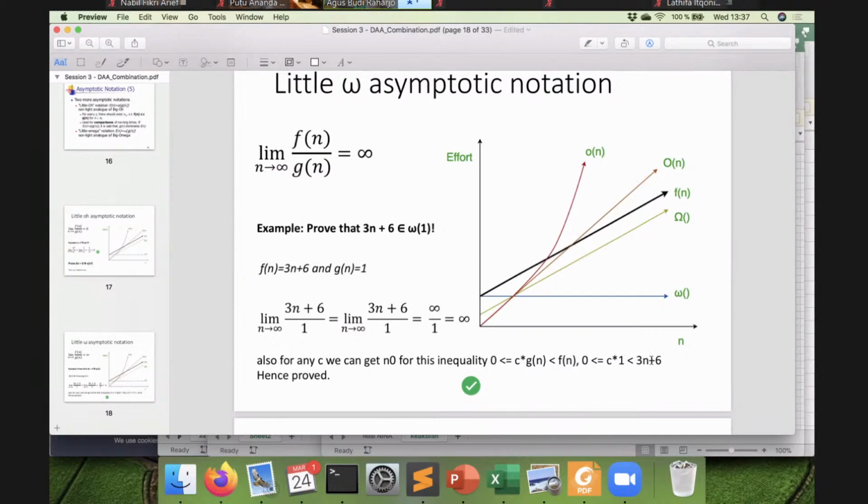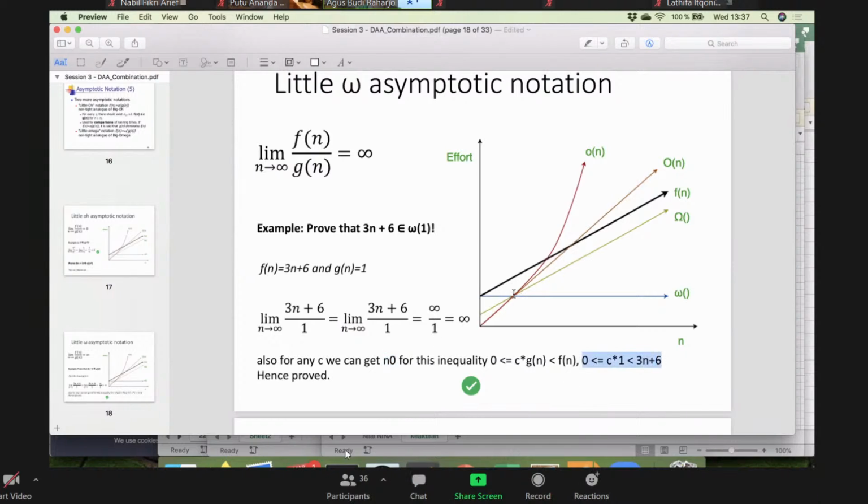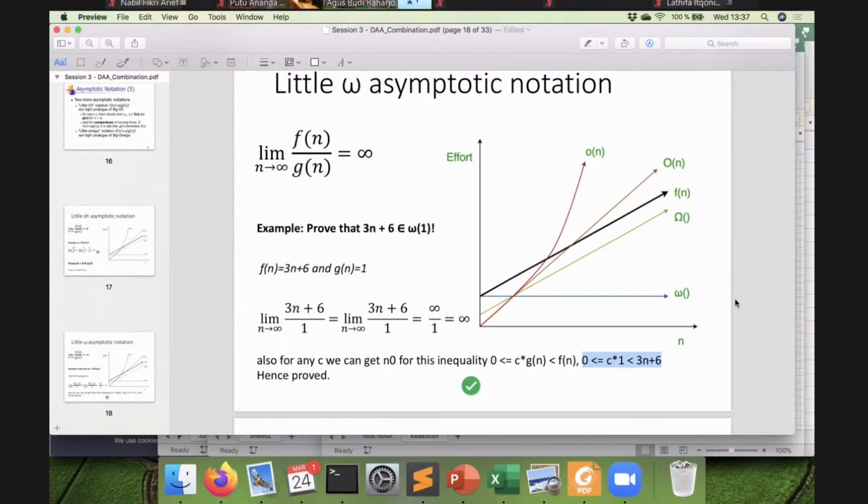So that's the correct answer. As you can see over here, this one is important. Why? Without n0, without understanding or stating that there is n0, if you compute over here, it's not correct. So it's proved for n starting from n0 and after.